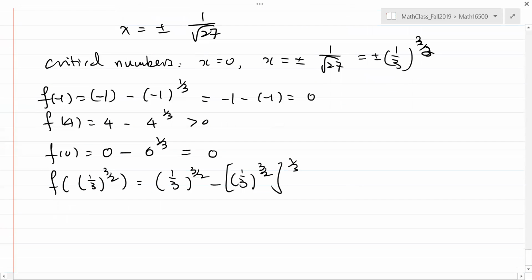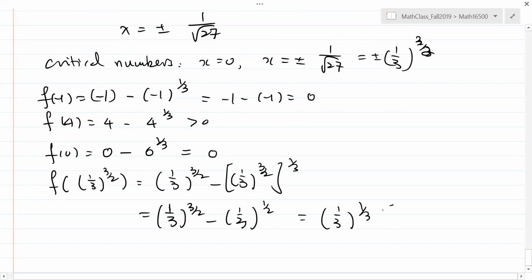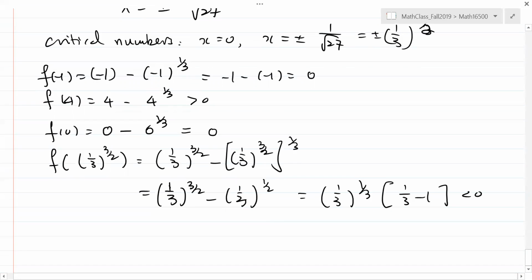You have to simplify this. Is it positive or negative? I think I can take x to the 1/3 out, then get 1/3 minus 1, which is clearly negative.